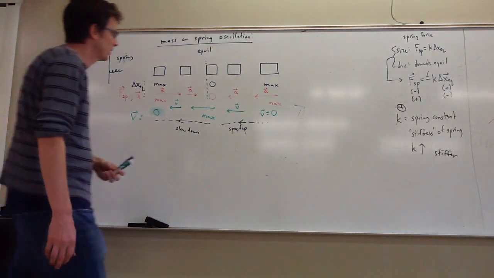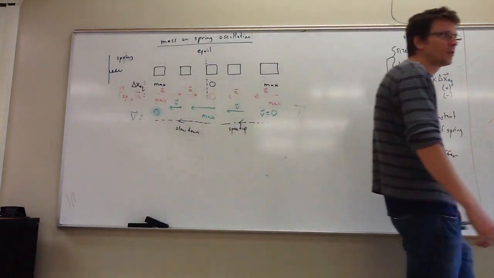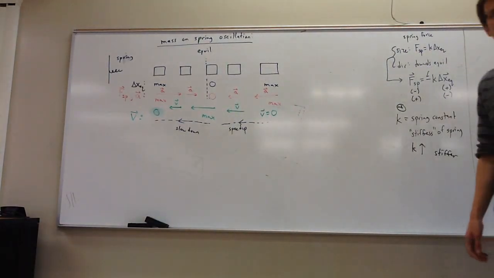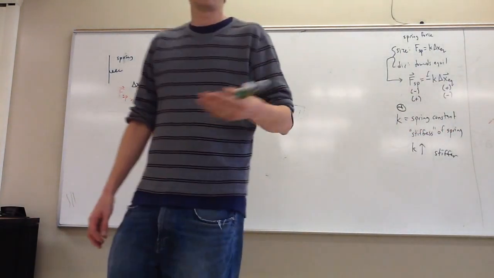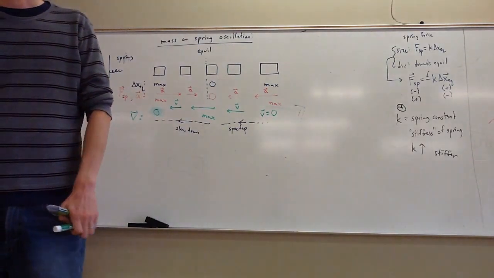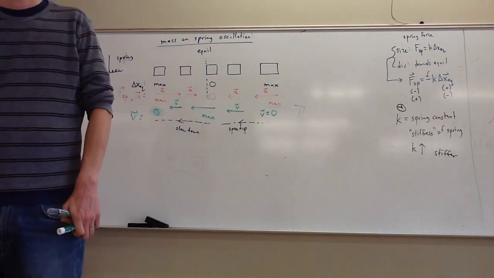Okay? The oscillation comes from the fact that you release it somewhere besides the equilibrium. The spring always pulls you toward there, but by the time you get there, you've built up velocity to overshoot it. Right? That is where oscillation arises. Does that make sense?